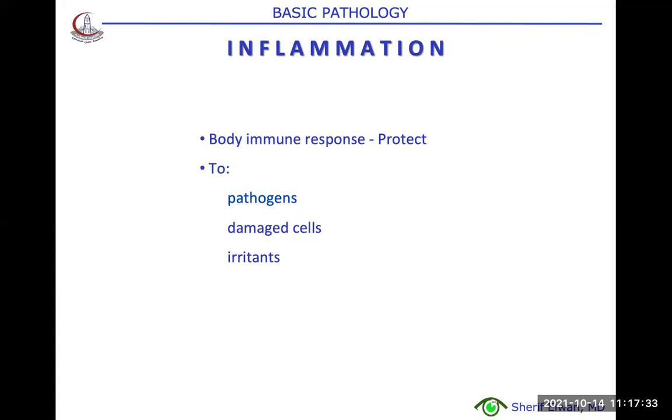And sometimes this reaction is strong enough to harm the body itself. And this reaction might be towards pathogens like bacteria, fungi, viruses, and protozoa, or towards damaged cells from the body itself, or against some other irritants like physical irritants, foreign body, for example, irradiation, or chemicals.